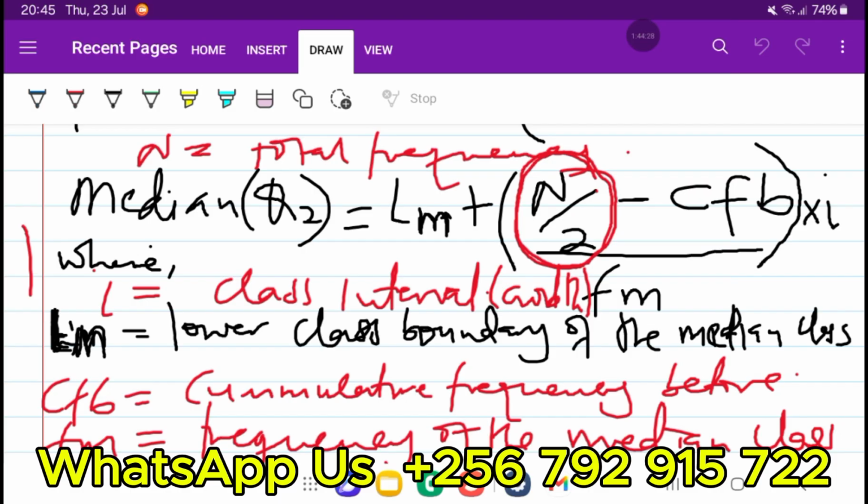But most of the times when the examiner is asking for this question, they always put the median. Sometimes they put the median as well. So you find yourself, you are not going to struggle with so many items.